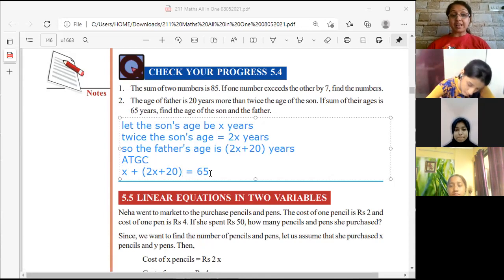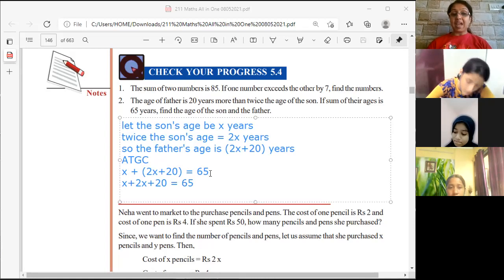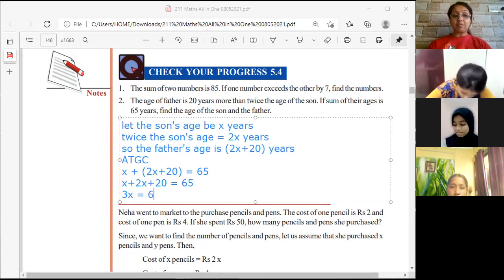If the equation is ready, I need to start solving it. So I open the bracket first. So I get x plus 2x plus 20 is equal to 65. x plus 2x is going to be 3x. 3x is equal to, now I take 20 to the other side, so it will be 65 minus 20. Do you agree?